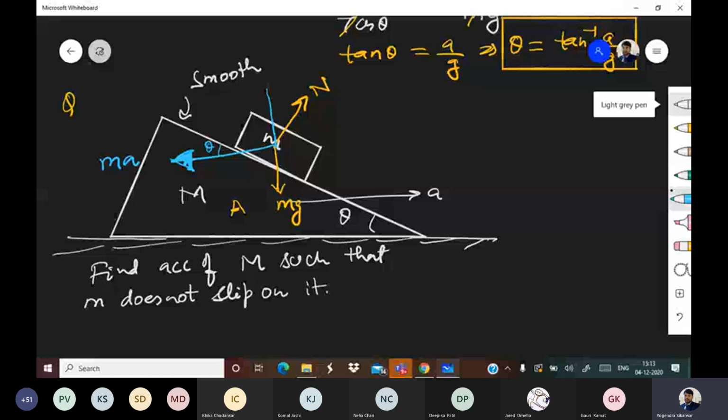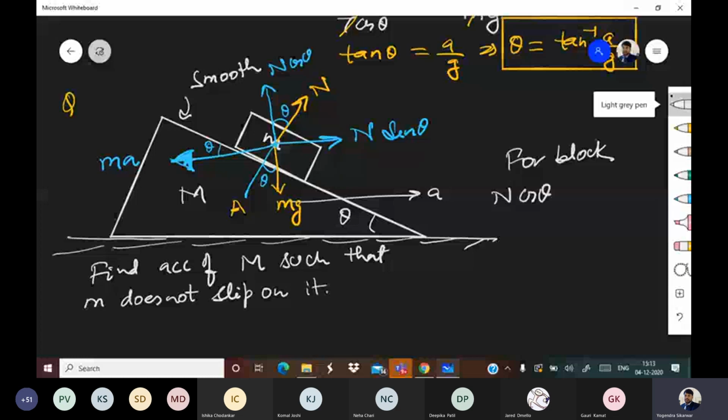For the block, N cos theta, which is vertically, minus small mg is equal to 0, which is equation number 1.